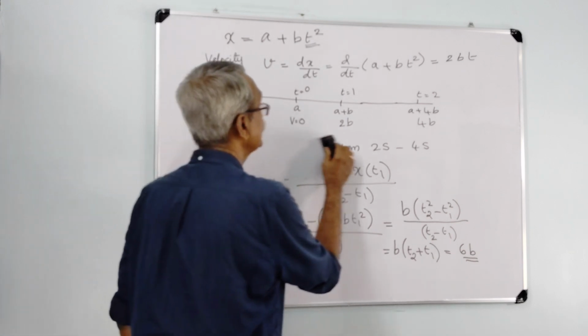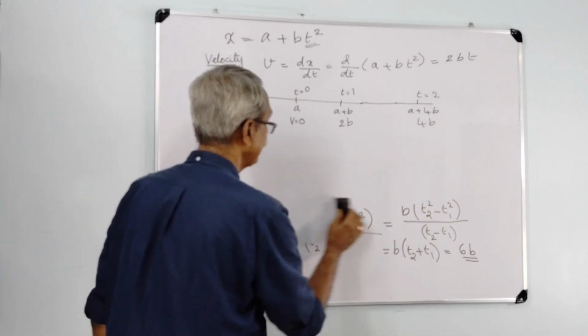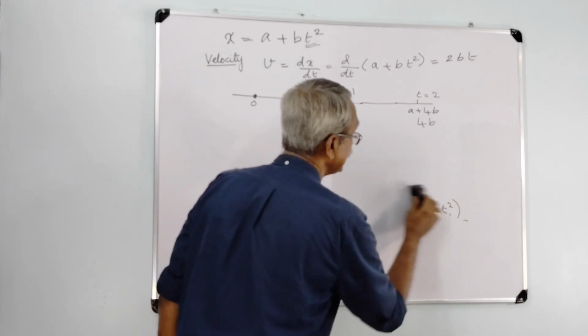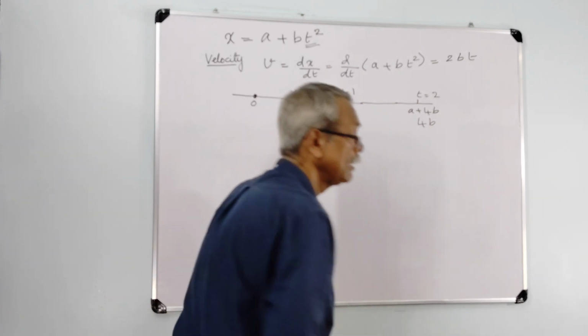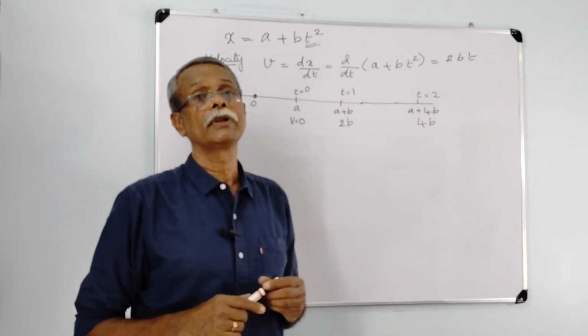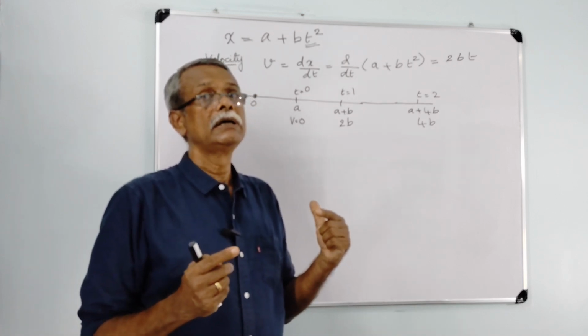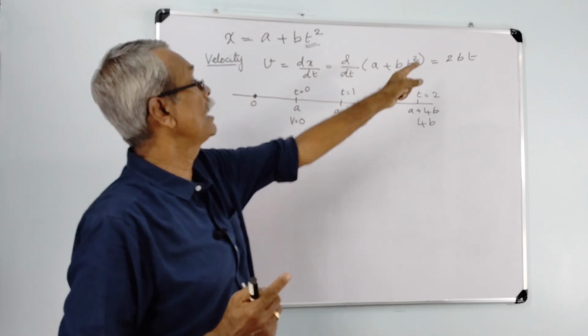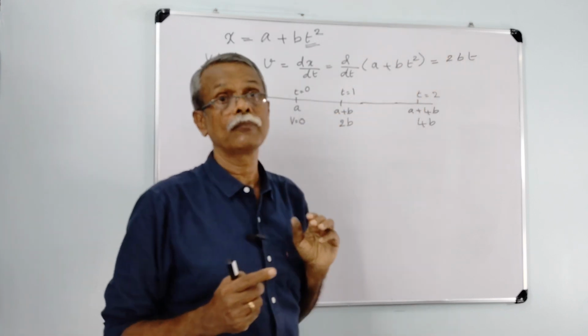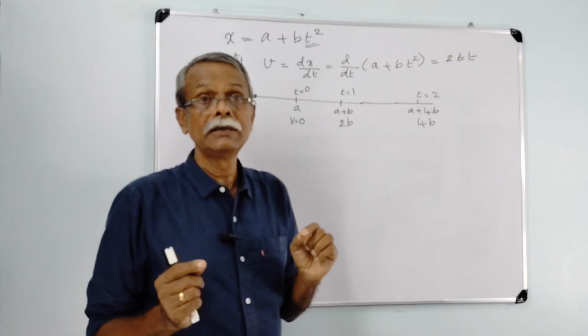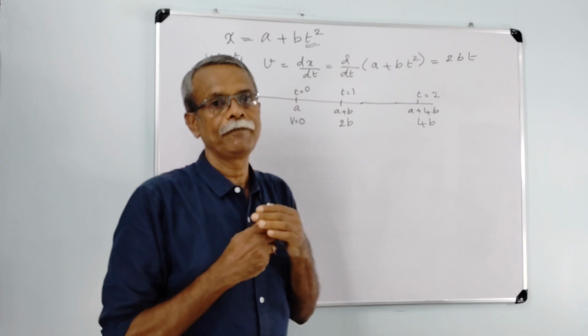We can calculate the average velocity. Here we have calculated the average velocity from the expression for x. Instead of that, we can calculate the average velocity from the expression for velocity, provided the acceleration is a constant.